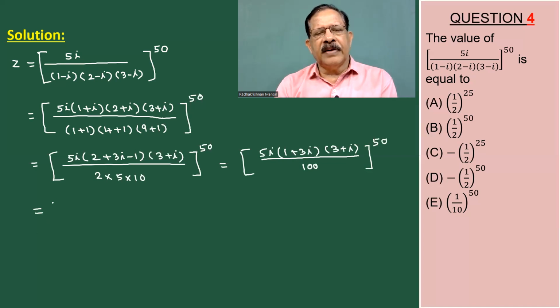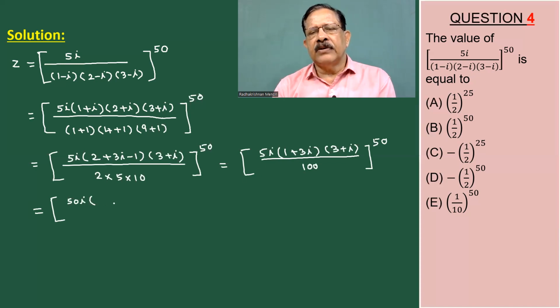Numerator again you simplify: 50i into (1 plus 3i) into (3 plus i). Now 3 into 3i plus 9i, and 3i into i gives minus 3, divided by 100, the whole raised to 50.